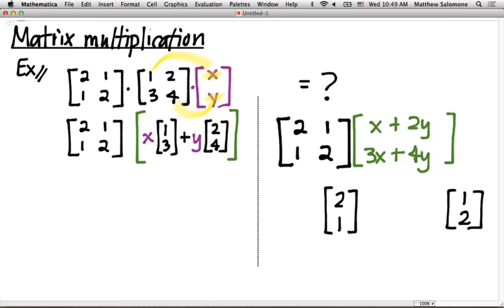So when we take this linear combination, how much of the first column do we need? Since the first entry of our vector is x plus 2y now, that's how much of the first column we're going to take. X plus 2y times the first column. And then likewise, 3x plus 4y of the second column. Added together.